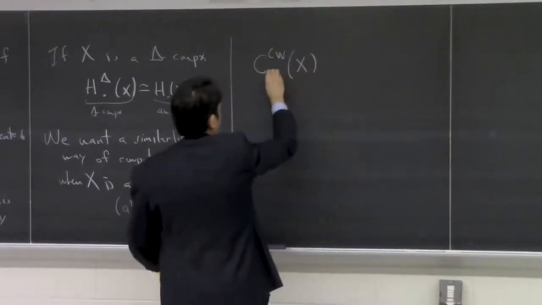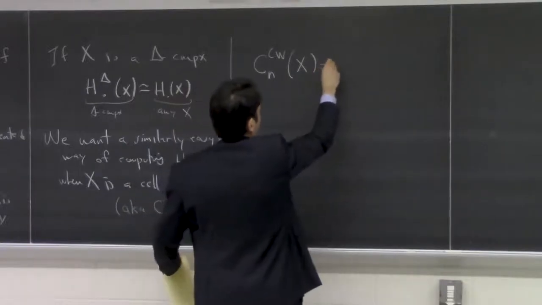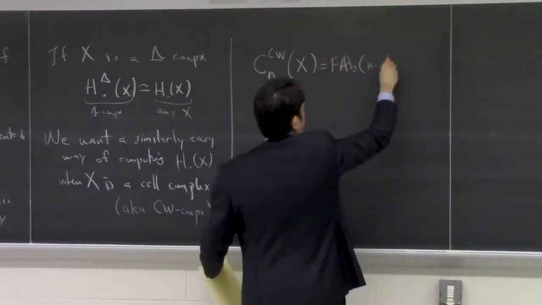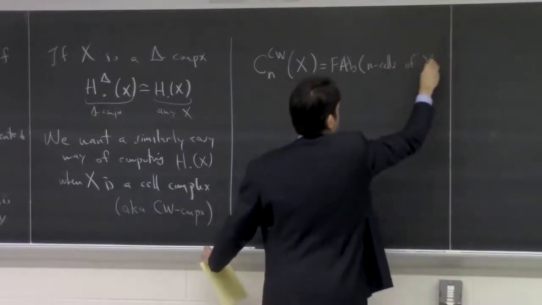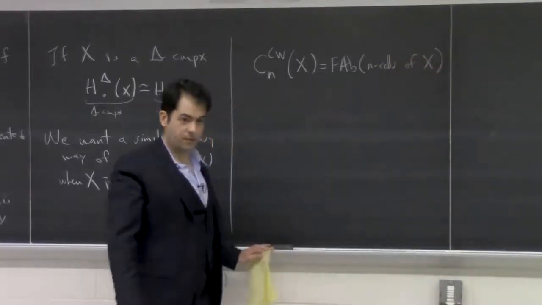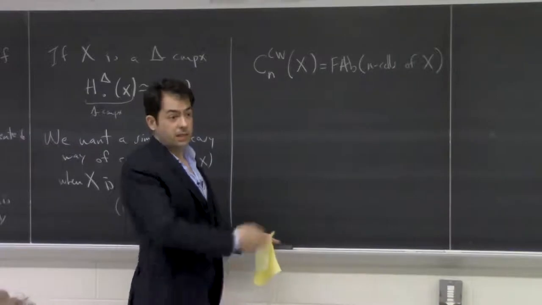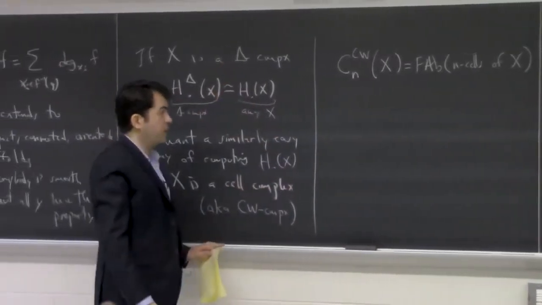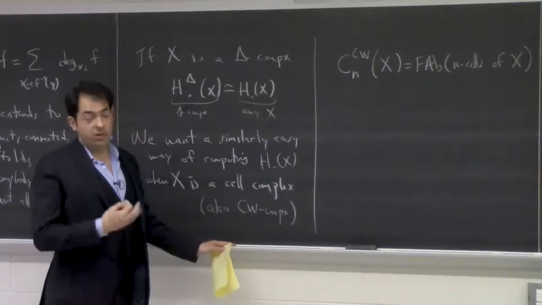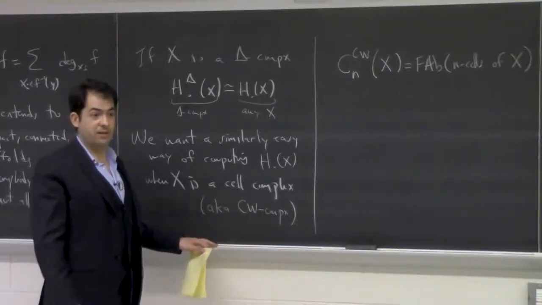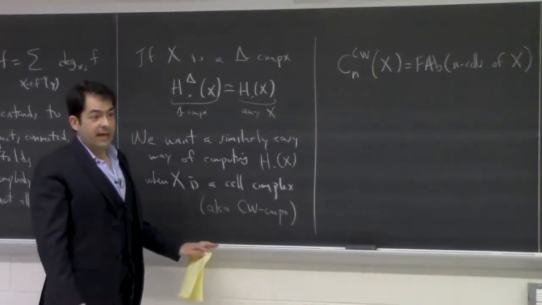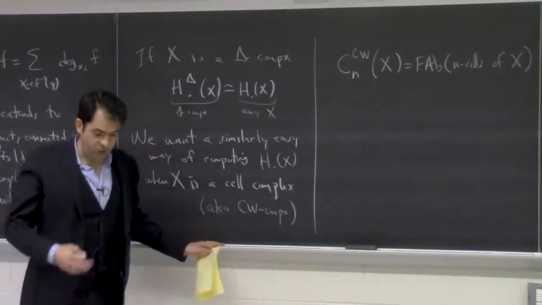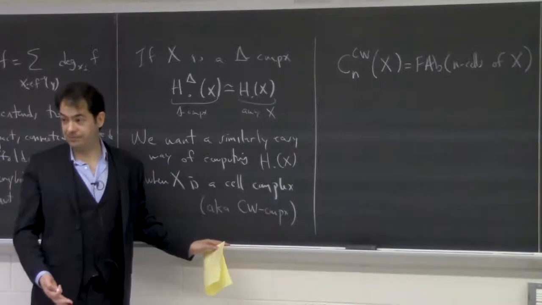And what we want is for the nth one to be a free abelian group on the n cells of X. Right? So mimicking what we did when we have a delta complex, we're going to take the free abelian group on the n cells. And then, if you recall, the reason that we liked delta complexes is that then we knew how to define the boundary map.